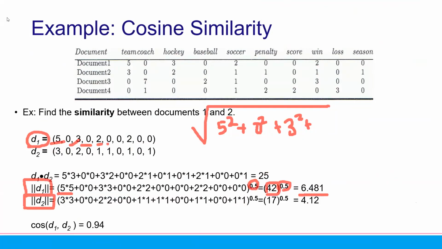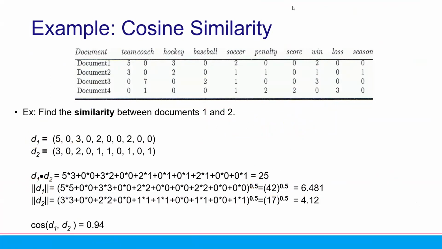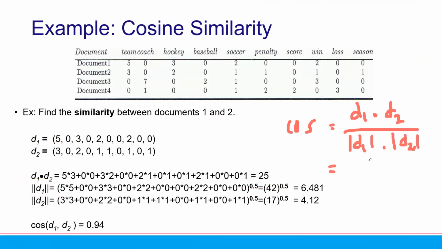Now, let's get back to the formula. So the cosine will be D1 multiplied by D2 divided by the length of D1 multiplied by the length of D2. Then we can just include the numbers. 25 divided by 6.481 multiplied by 4.12.